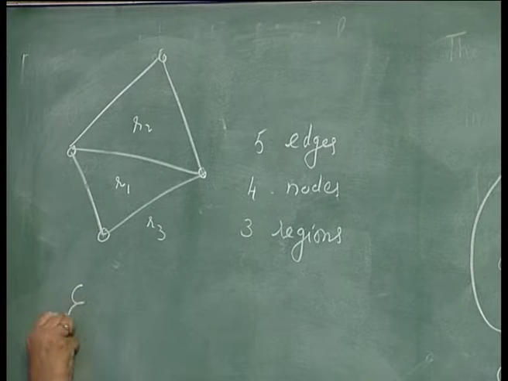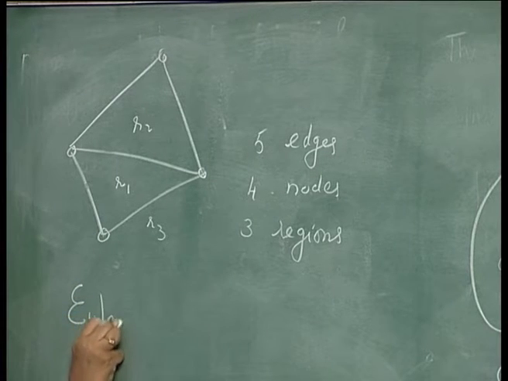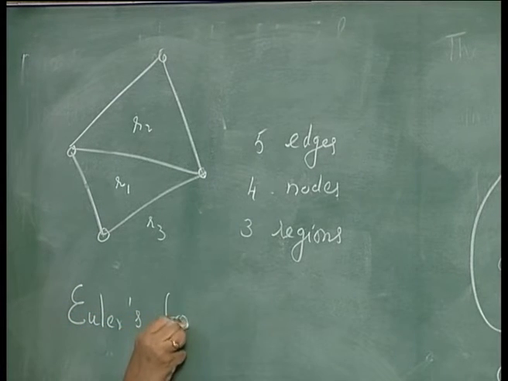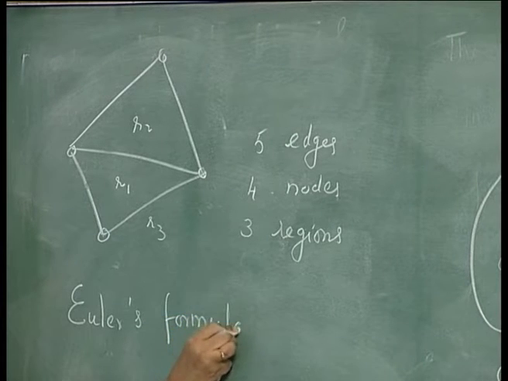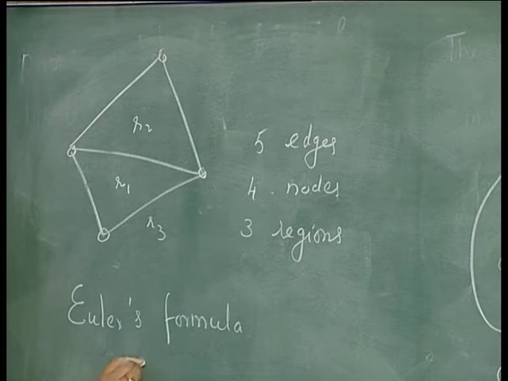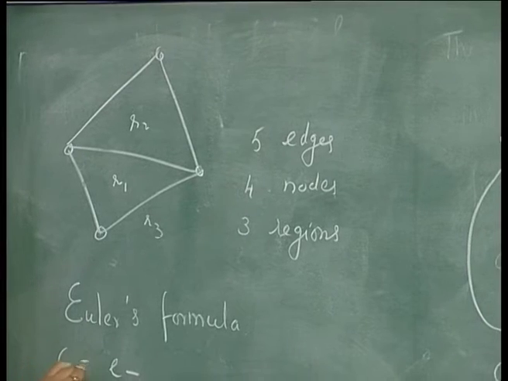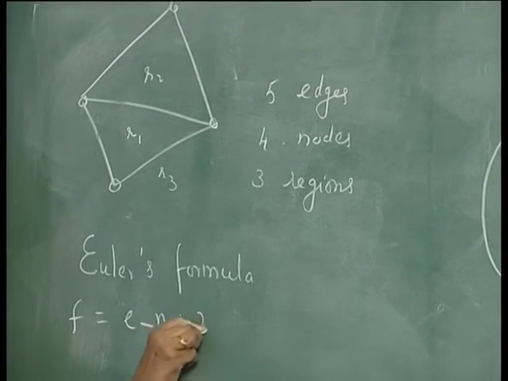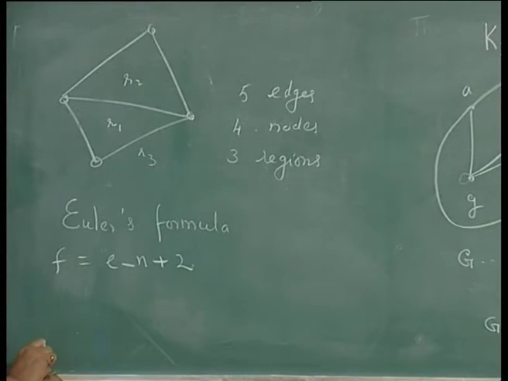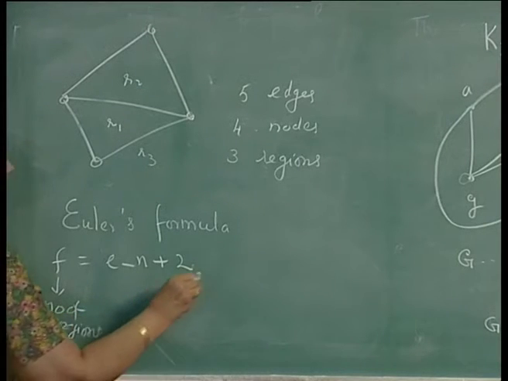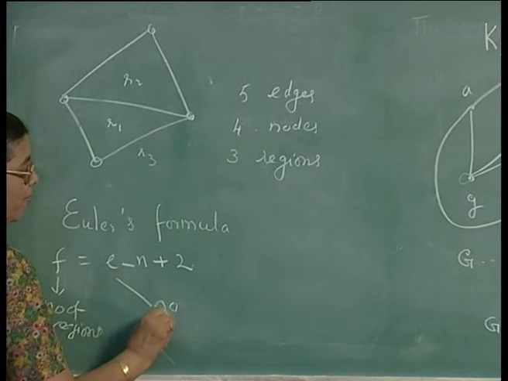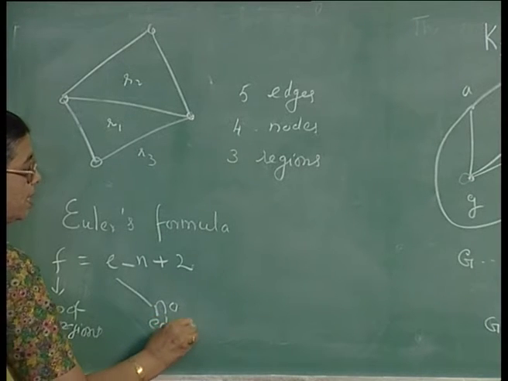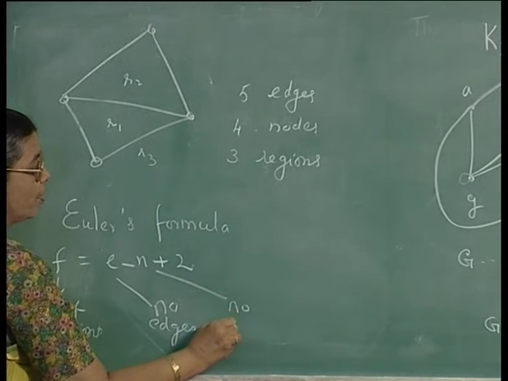The connection is brought out by what is known as Euler's formula: f is equal to e minus n plus 2. F denotes the number of regions, e is the number of edges and n is the number of nodes.